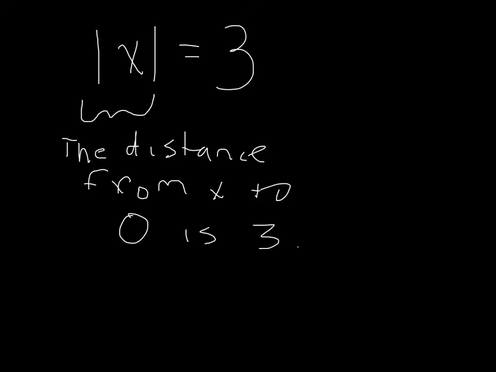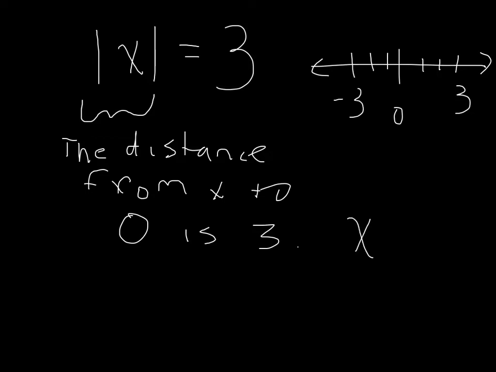So if I think about that on a number line, if I'm at 0 in the center of my number line, well, I could go 1, 2, 3 places to the right to +3, or I could go 1, 2, 3 places to the left at -3. So the solution is that x equals positive or -3.